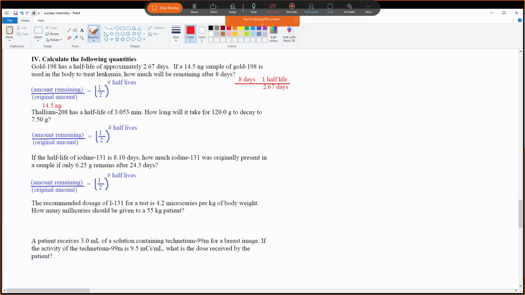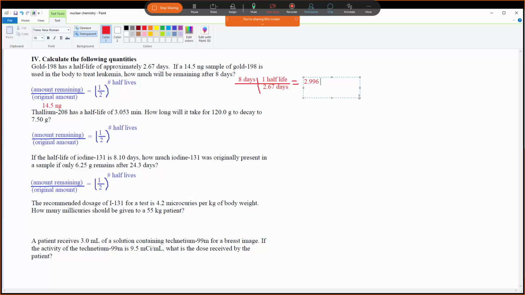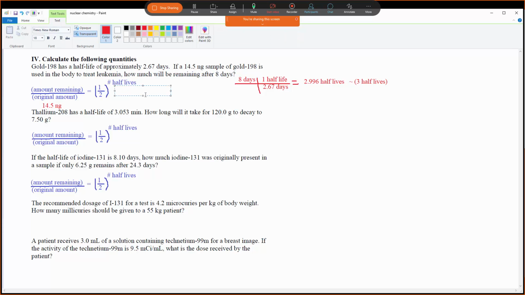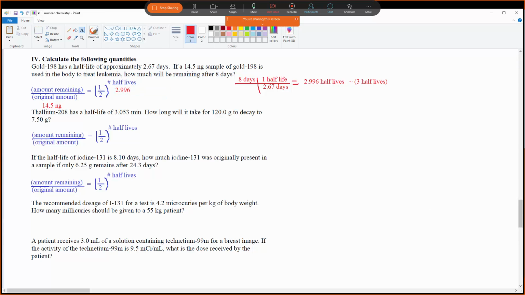I calculated this so it was almost exactly as Sarah calculated it, 2.996 half-lives. See what I'm trying to tell you here? It's about equal to 3. About 3 half-lives. Okay, so we could put 2.996 up here, but we could also estimate it pretty closely with 3 half-lives, right?